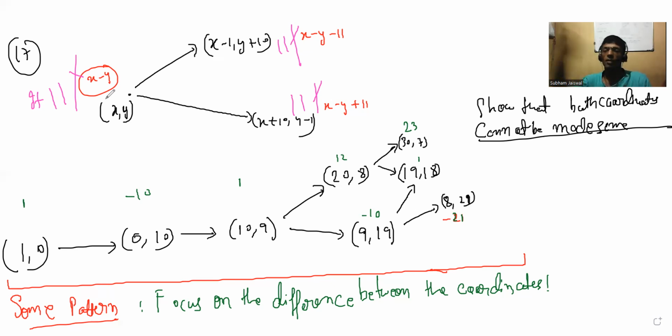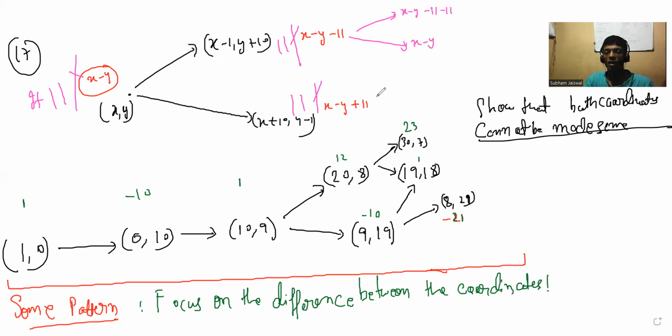At the next step also, it could become something more complicated, though it's not becoming very complicated. Again, it will either become x minus y minus 11 minus 11, or you can get x minus y back by adding 11.